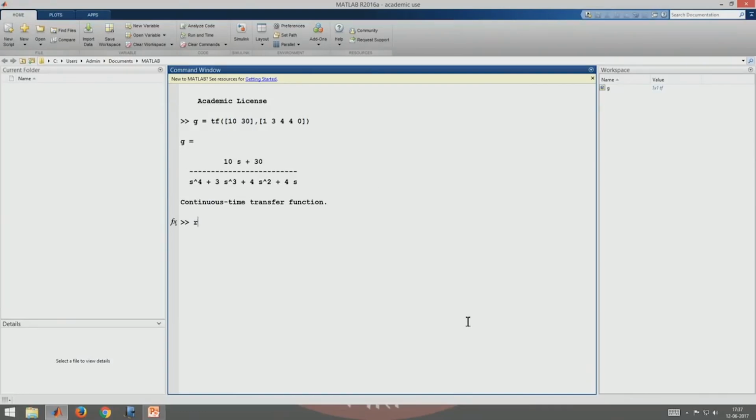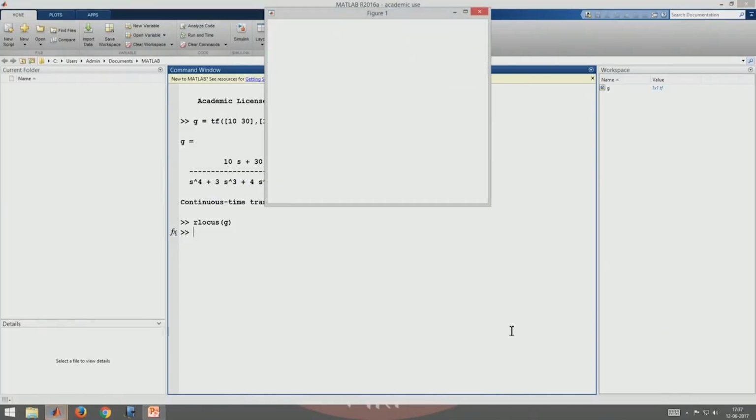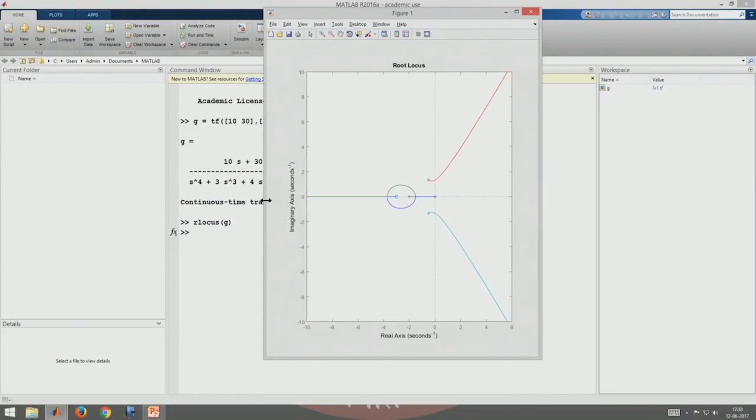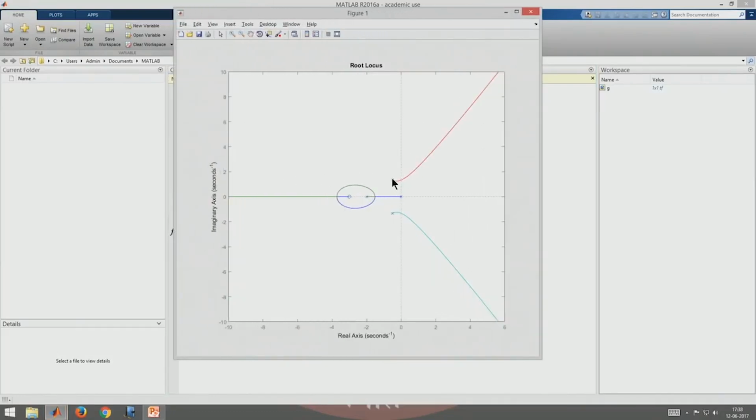If I look at the root locus of this G, and put my cursor here, it will tell me what the gain is. So, gain is 0, and the system here has a gain of 10.